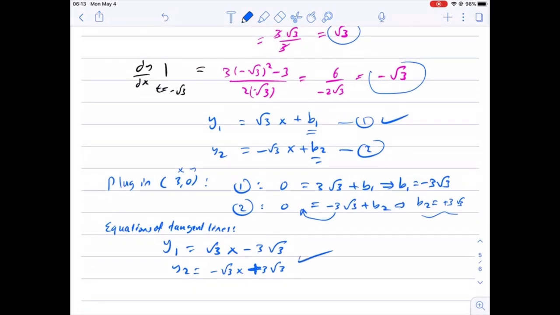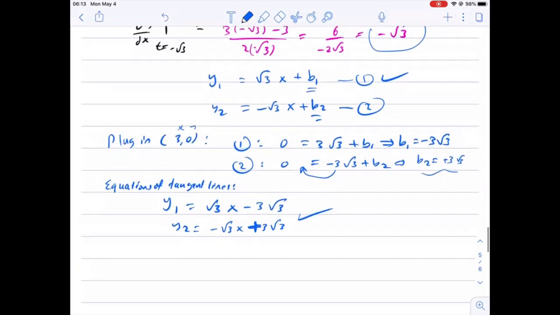So those are the equations of the tangent lines at the point (3, 0).